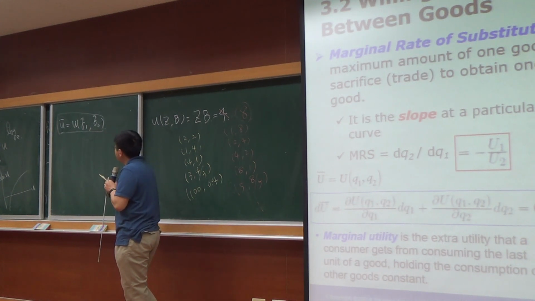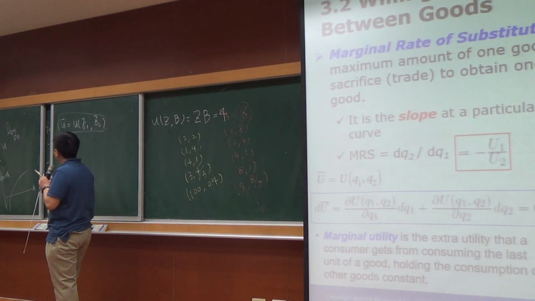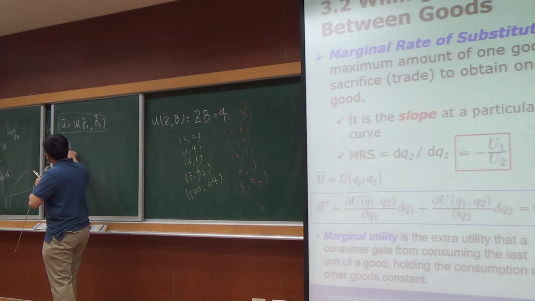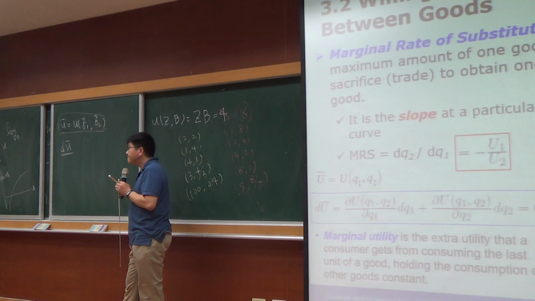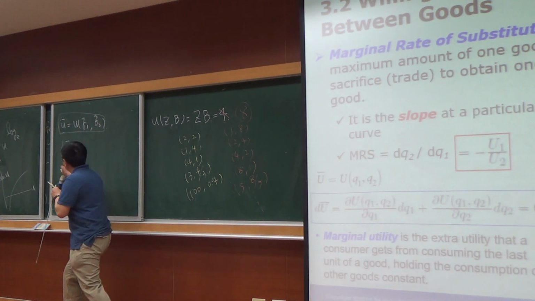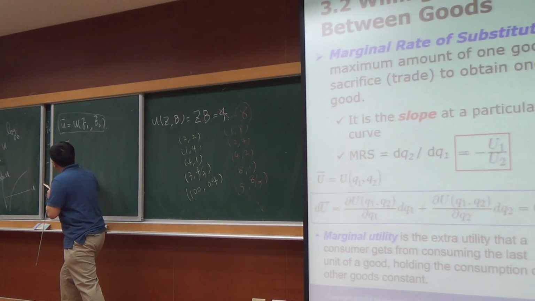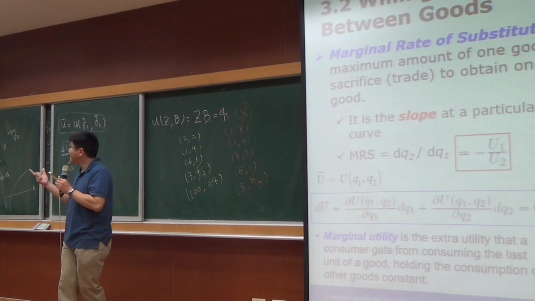How can we do that? What do you think the differential of U bar is? What is this? What would it be? Or the difference of U bar. Since U bar is a what?